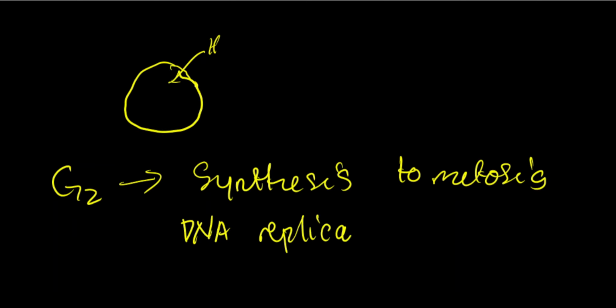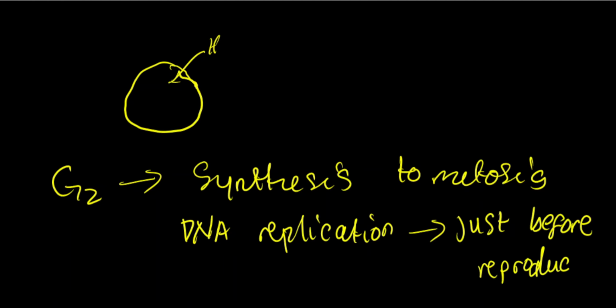So it's from the point where DNA begins its replication to the point just before reproduction, which is associated with cell division. When we're considering reproduction in this sense, it is cell division. So from DNA replication to cell division, this is the gap 2 phase. Okay, it's very important for us to take note of this.